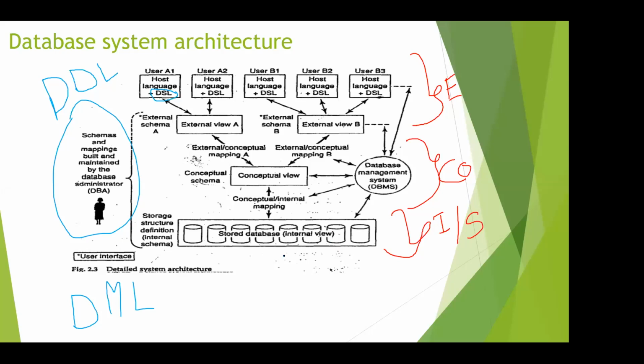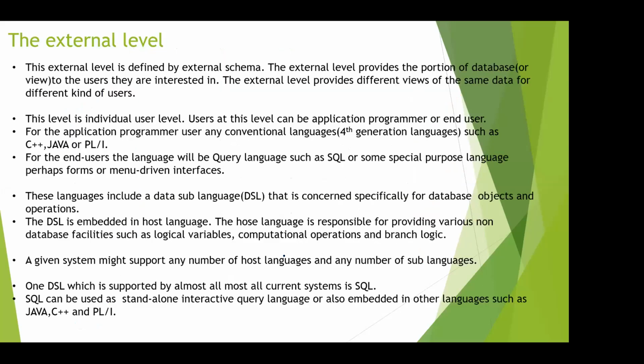It does not deal in terms of physical records, also called blocks or pages. So here a block or page is the unit of input output operation. That is, it is the amount of data transferred between secondary storage and main memory.